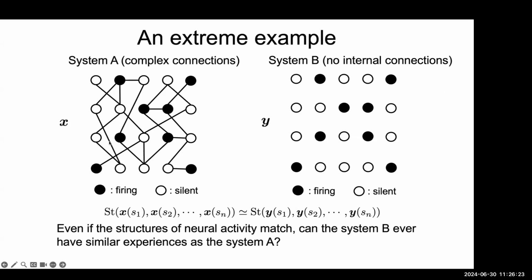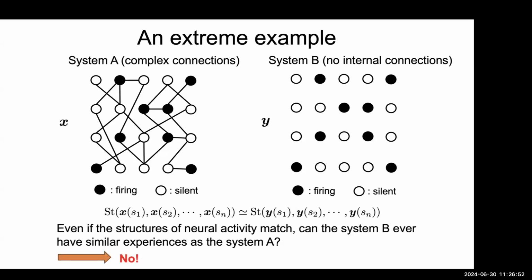And we can see a bunch of neural activity, and assume that at the structural level, these activities exactly match between X and Y. But even if the structures of neural activity match, can system B ever have a similar experience as system A? I think that everybody agrees that no, right?